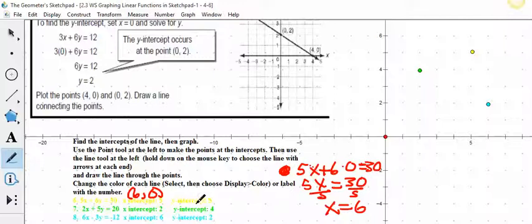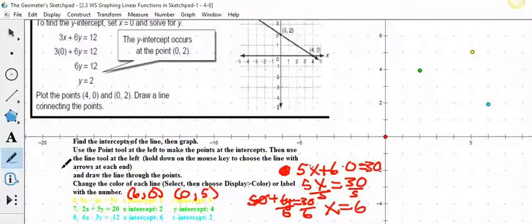And then to find the y-intercept, you let x be 0. So 5 times 0, which is 0, plus 6y equals 30, and then that's going to be 0, so divide by 6, and you get 5 like you had, but that would be the point 0, 5.